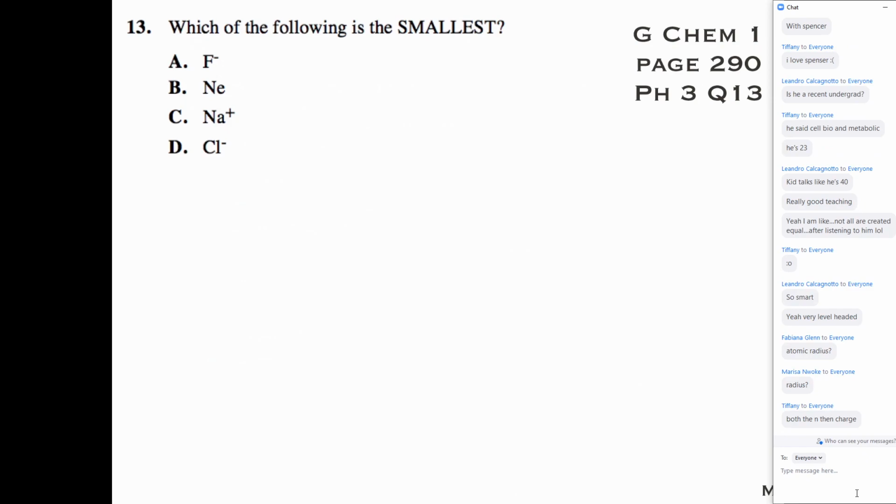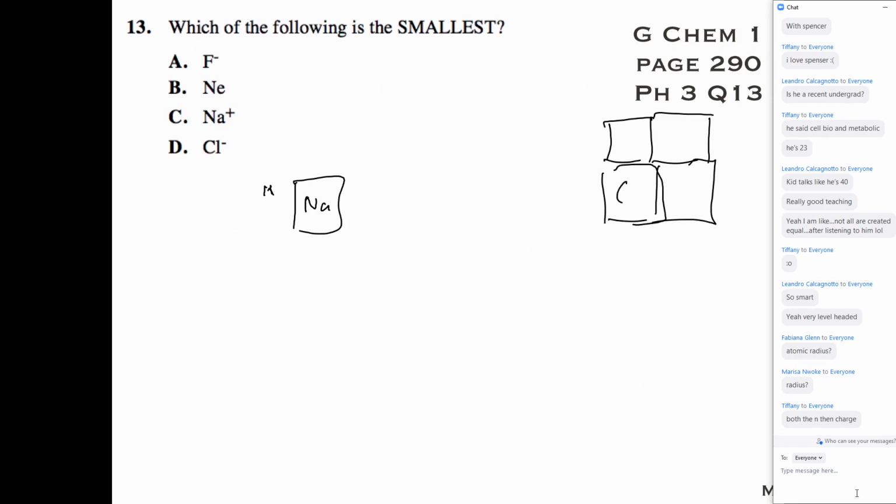Atomic radius to begin with, but there's a charge. So now we have to figure out where they are in the periodic table. So we have the periodic table with sodium over here, that's number 11. Then we have Cl, fluorine, neon. Argon I was going to put in, but we don't need it.